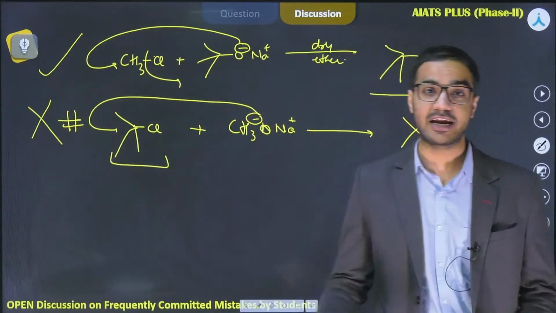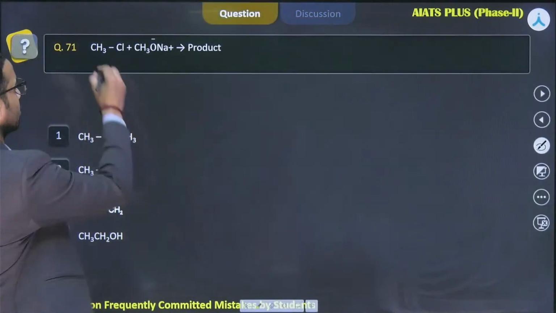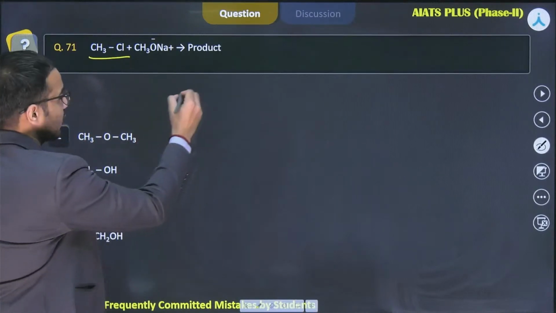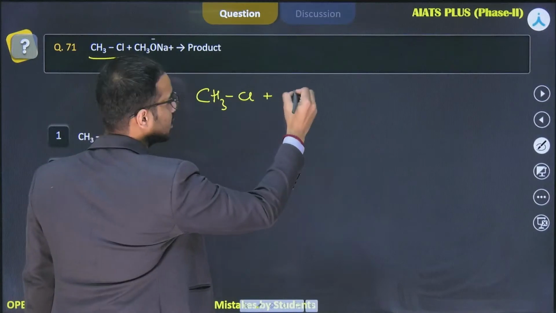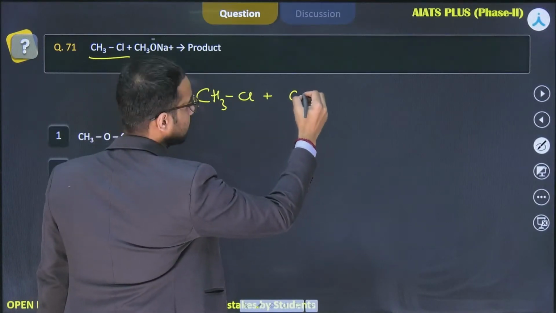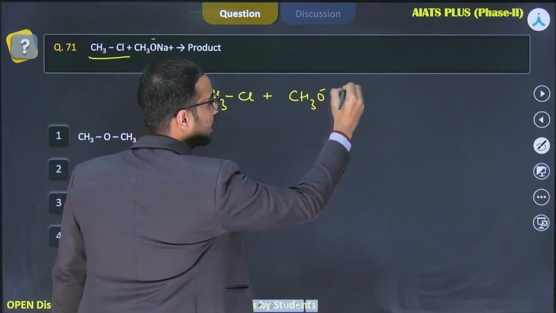Okay, let us get back to the question part. This is the same question that we are having: CH3Cl along with sodium methoxide, CH3O minus Na plus.